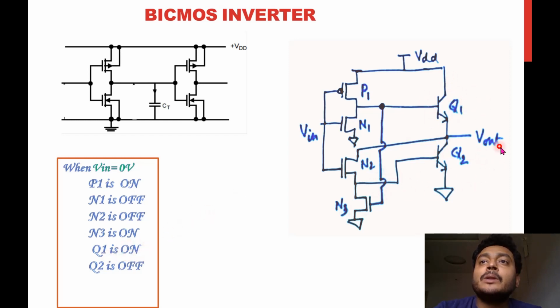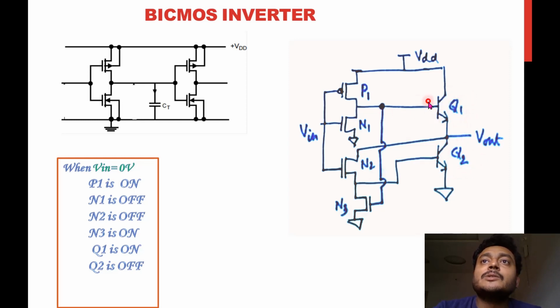What happens to Q2? Q2's base current is provided by N2. What is the condition of N2? The condition of N2 is off, right? So when N2 is off, you're not getting any current from N2 to drive Q2. So Q2 is off, and Q1 is on.